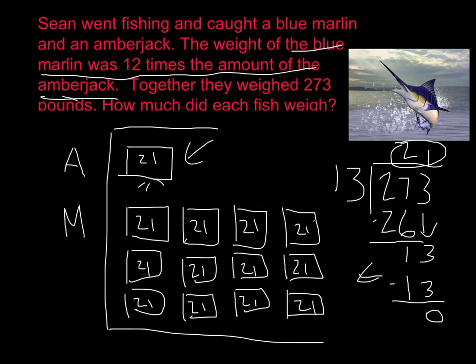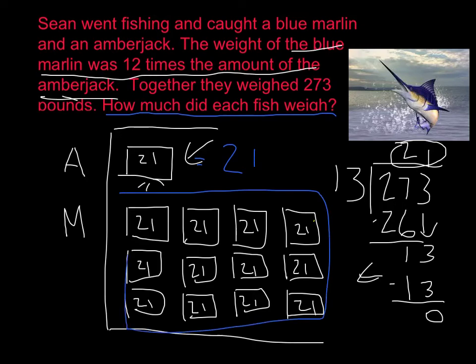Now at this point I check my question part, and the question is asking how much each one of these fish weighs. Well, we can see right here the amberjack would weigh 21 pounds because it's just 1 box of 21. For the blue marlin, we have 12 boxes of 21, 12 groups of 21.